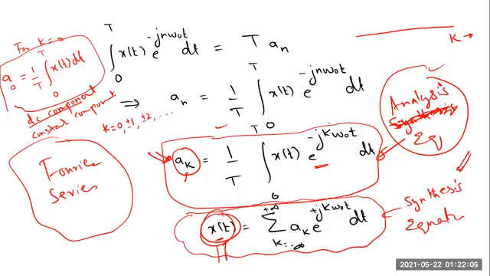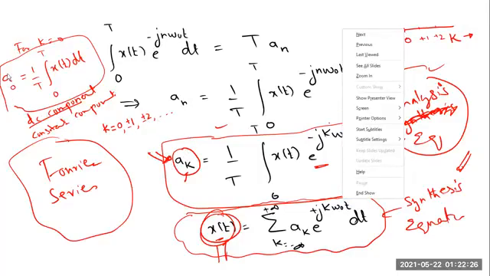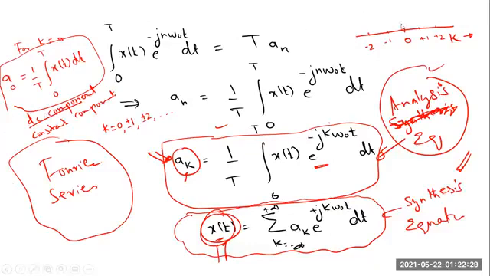So it means when you annotate the x-axis, you need to take discrete values. You need to take 0, then plus 1, then plus 2, then minus 1, and then minus 2. So these are values of k. If you get some value of A naught, then you will draw a vertical line, depending upon the value of A naught.